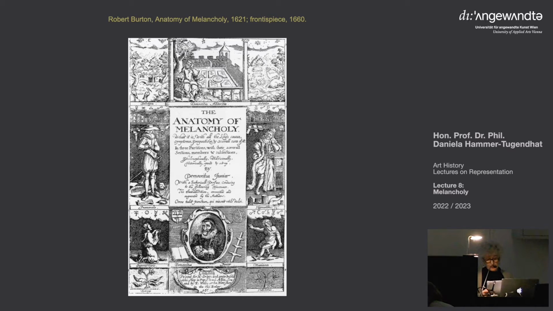Above him is Hypochondriacus, with the symbol for Saturn. Across from him is Innamorato, with the sign of Venus. And above the title is Democritus in the garden of the ancient town Abdera. The philosopher Democritus dissected animals in order to determine where the seat of melancholy was located in the body. When publishing his book, Robert Burton chose to use the pseudonym Democritus Junior, so he identified with Democritus.